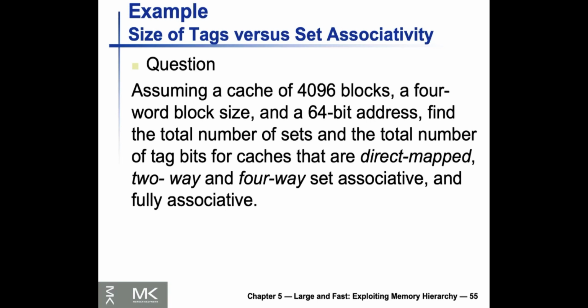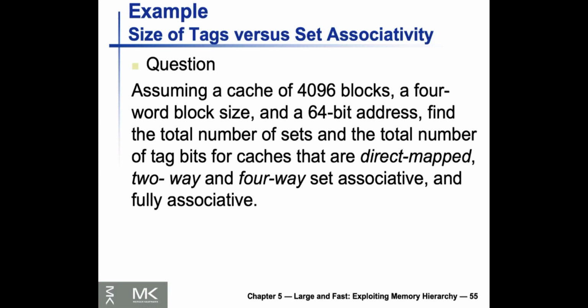the question was, assuming a cache of 4,096 blocks, right, a 4-word block size. Now the overall block number is 4,096. Each block has 4-word size, and a 60-bit address. So the address overall has the length of a 60-bit address.